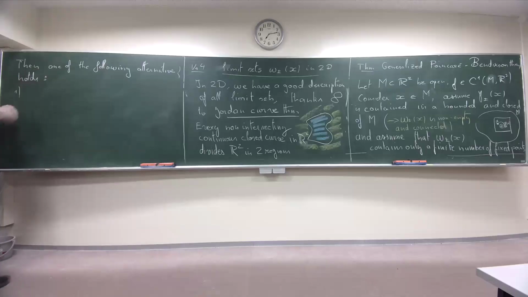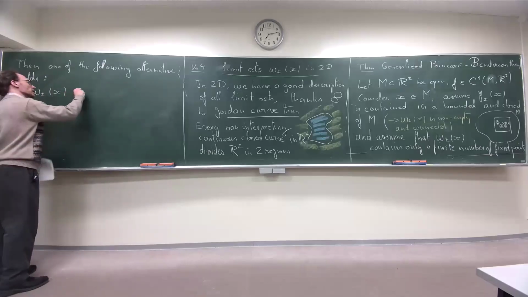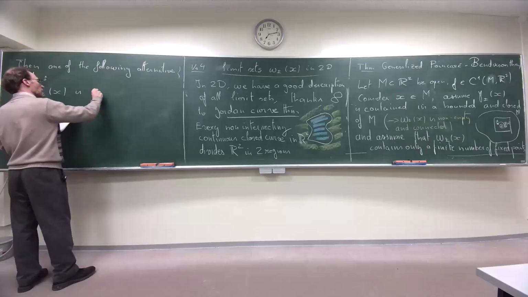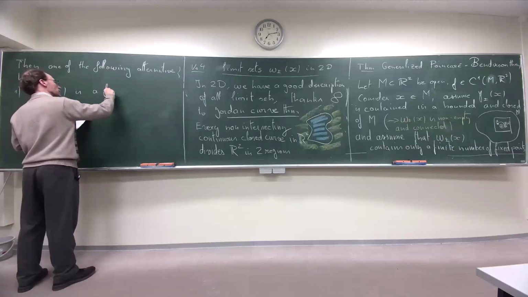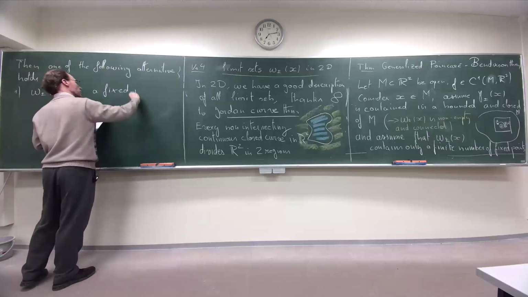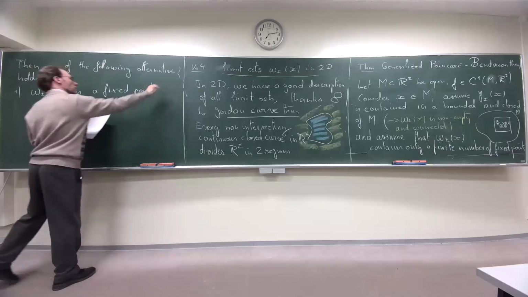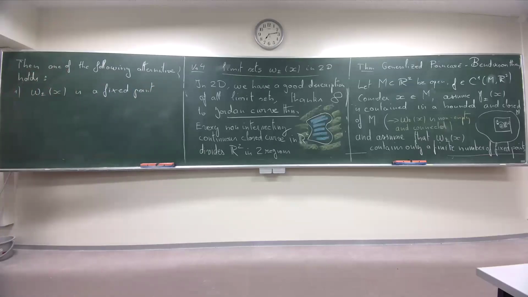And we have only three. Either this limit set is a fixed point. It's only one fixed point, which is the simplest case. Probably the picture I have represented here is of this type.